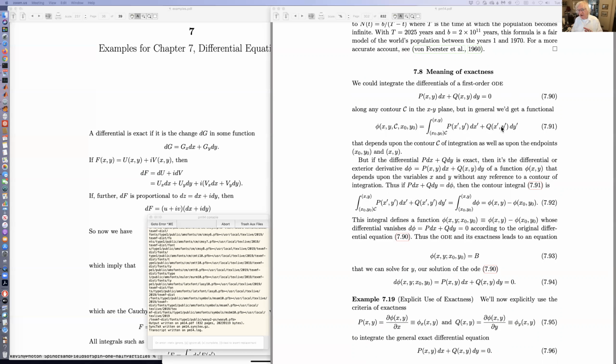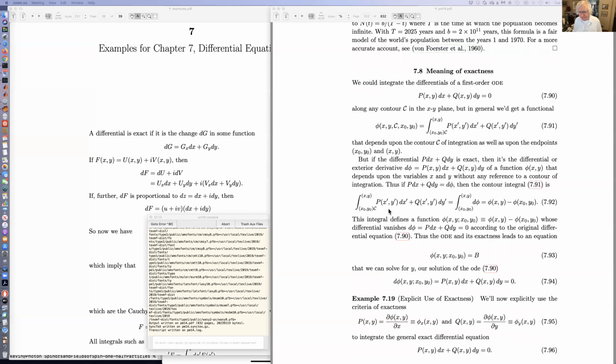But if the differential is exact, then it depends only on the endpoints. In that case, one can integrate along any contour, and what we get is phi at one end minus phi at the other end. That defines a function that's independent of the contour.